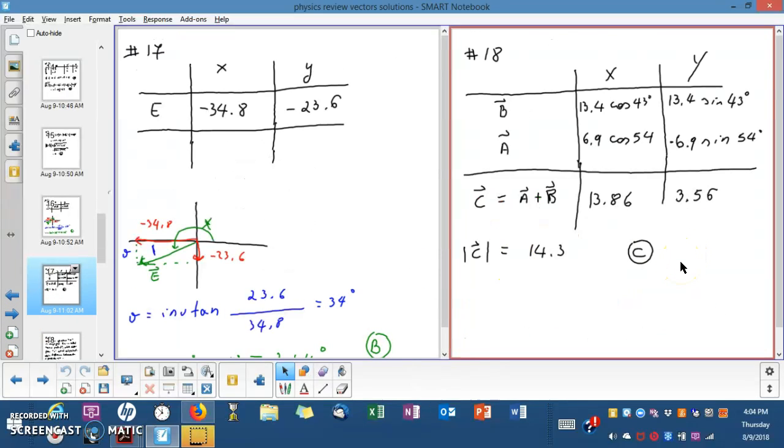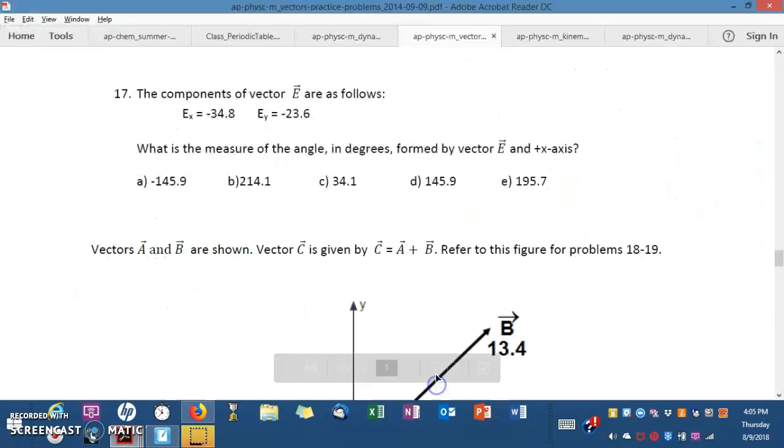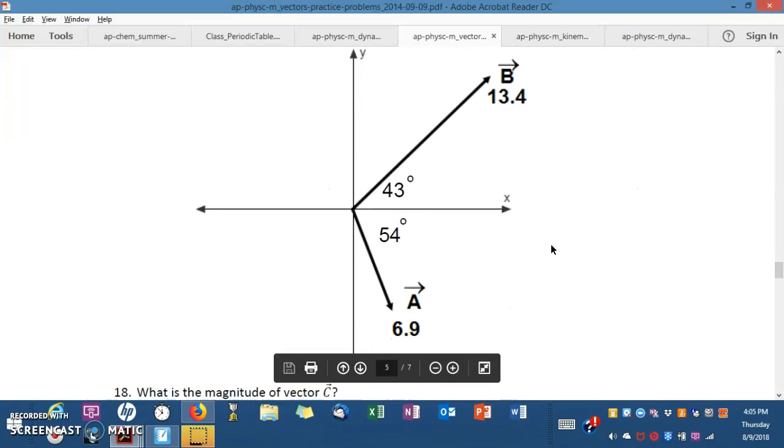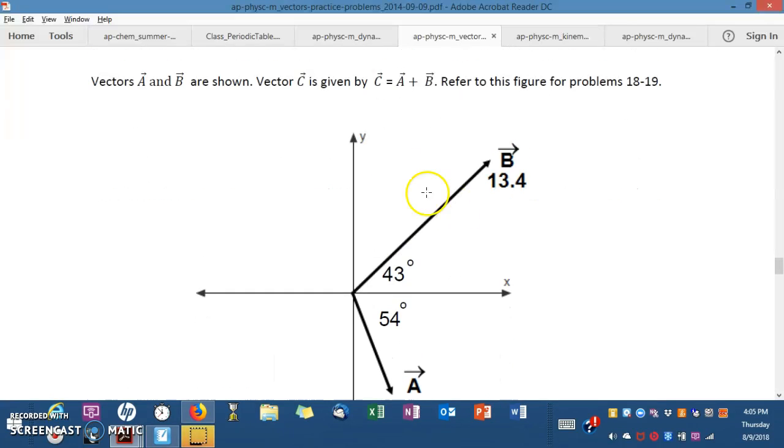they want to know the magnitude of vector C. Where C is the same vector as before, the one that you just calculated? No, vectors A and B are shown. So you have the picture for those two vectors. Let me see what it is. Okay, so those are the two vectors A and B, and C is the sum of those two.